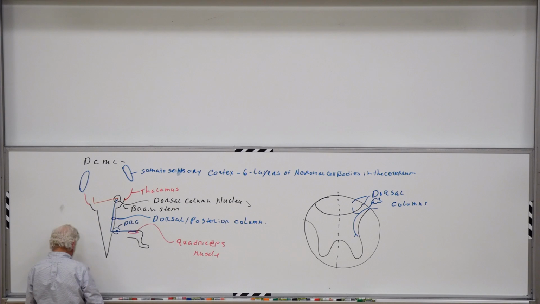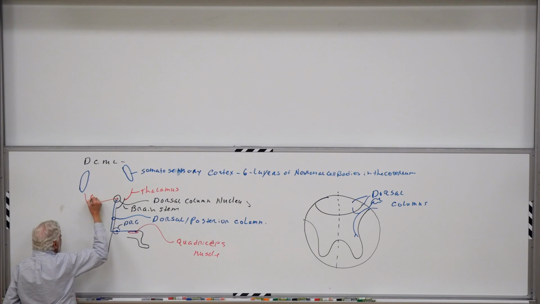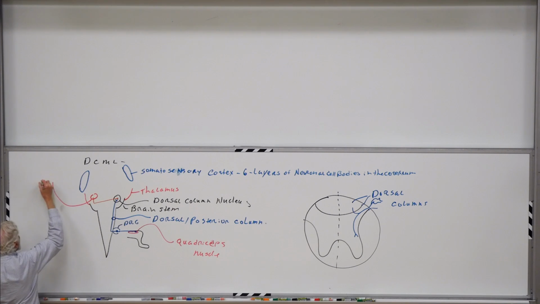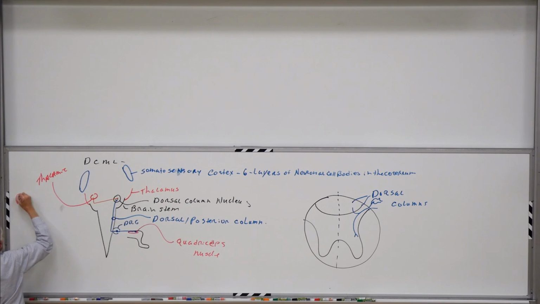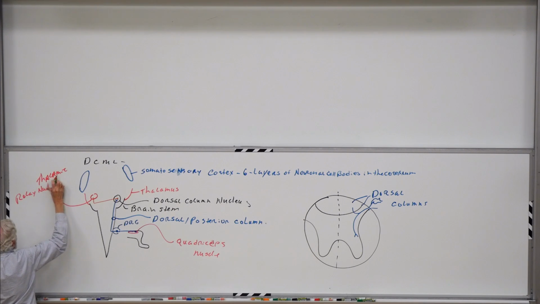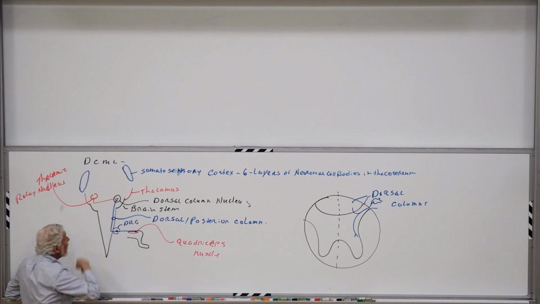In the dorsal column nucleus, this neuron synapses onto a second-order neuron that crosses over the midline and ascends the cord, or ascends the central nervous system to this region here called the thalamic relay nucleus. Except for olfaction, all of the sensory input, whether it's visual or auditory, what have you, has to go through a relay here in the thalamus.